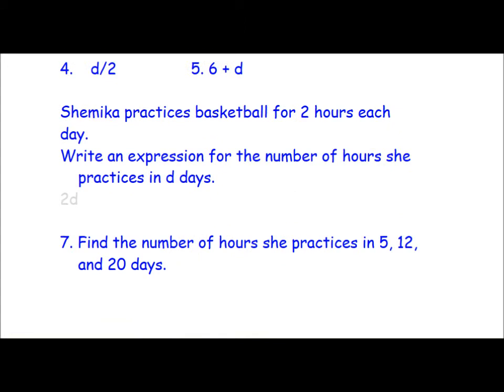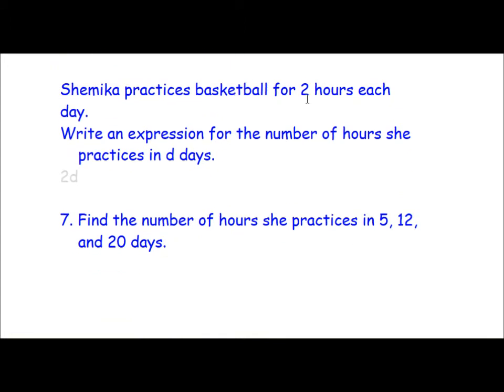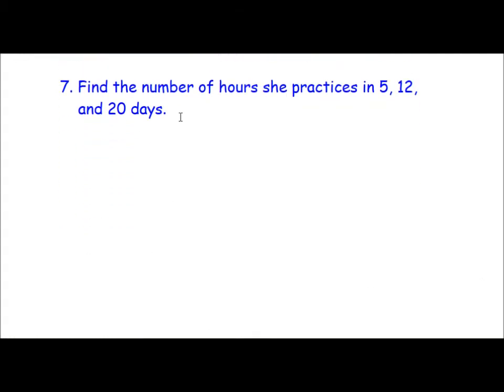Another example: Sharmika practices basketball for 2 hours each day. Write an expression for the number of hours she practices in d days. So it's just 2d, because each day she practices for 2 hours. For d days, it is 2 times d. Find the number of hours she practices in 5, 12 and 20 days.